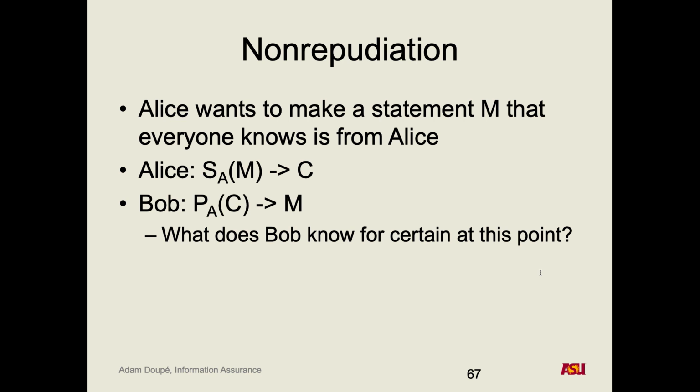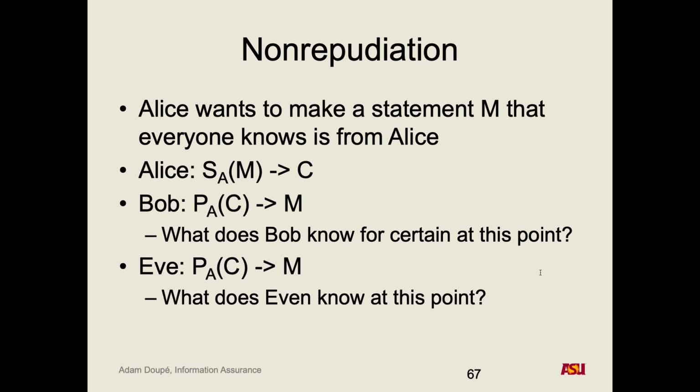Eve also knows the message, right? How does Eve get the message? It uses Alice's public key, right? So it's interesting to think that the eavesdropper at this point knows exactly the same information as Bob does. But this is inherent in what Alice is trying to accomplish here. She just wants to state a message that she can stand by and that everyone knows comes from her.